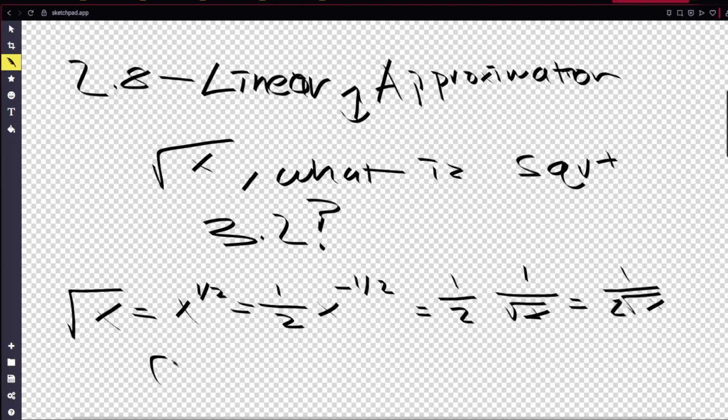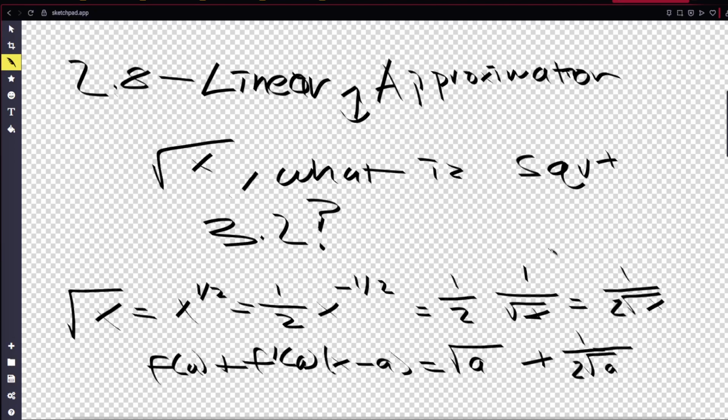But remember that it's f of a plus f prime of a times x minus a, so f of a just replaces the x with the a. It's going to be square root a plus 1 over 2 square root a.